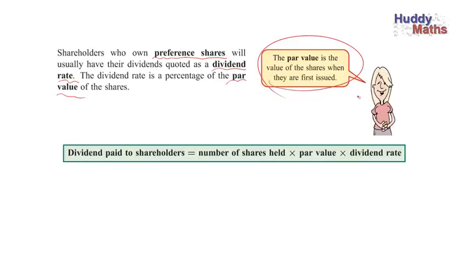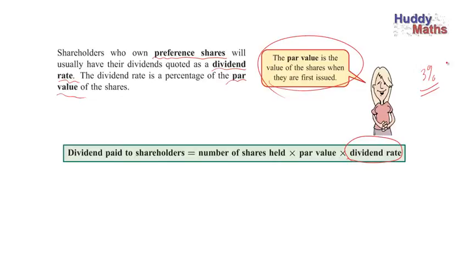So you go in and you buy these shares, and the value you're going to get when they declare a dividend is worked out on a rate. So they say if we declare a dividend, we'll give you a rate of 3%. Let's say they declare a dividend to preference shareholders of 3%.